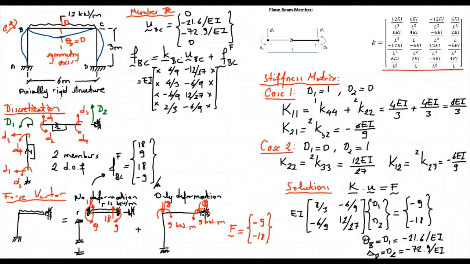Multiplied with 0, minus 21.6, minus 72.9, and 0, multiplied by 1 over EI. So I can erase this part also.